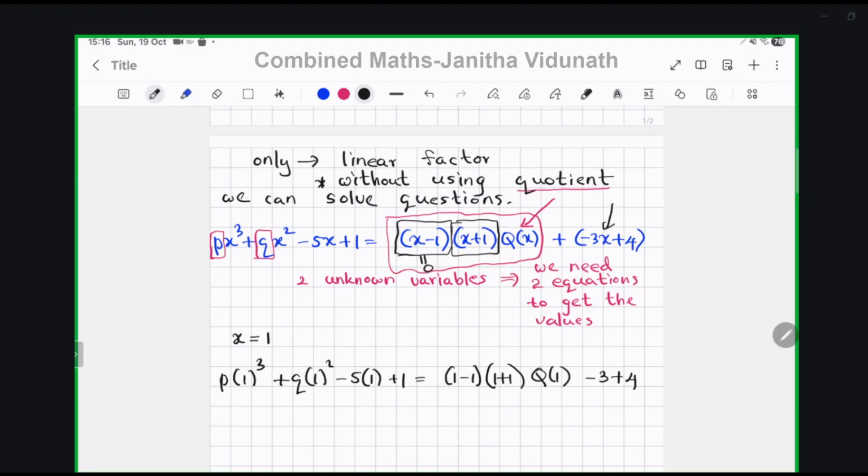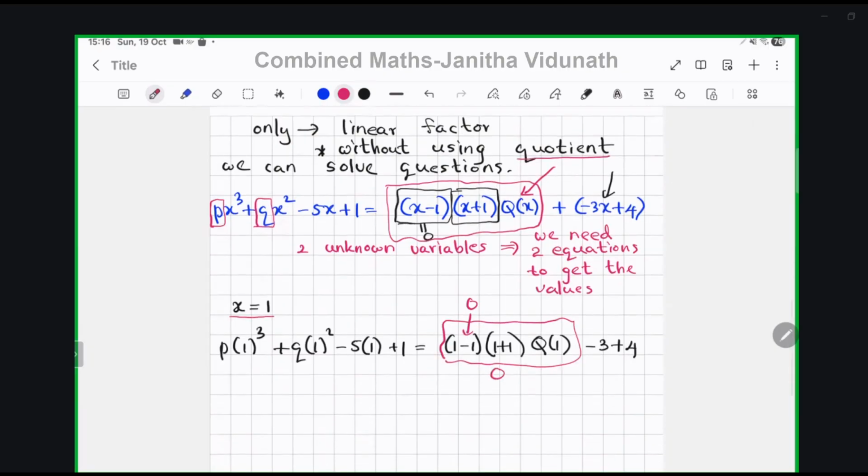Here there is also x, so we substitute x equal 1. Now this term becomes 0, which means the whole term vanishes. So we do not need to find the value of q1, that is, the quotient, because it vanishes when we plug in x equal 1. This is a very important theory for solving polynomials.